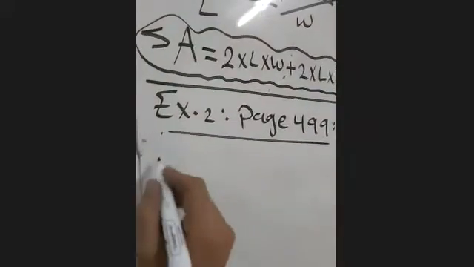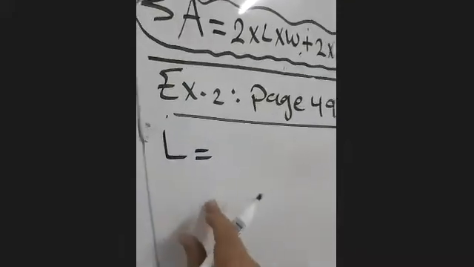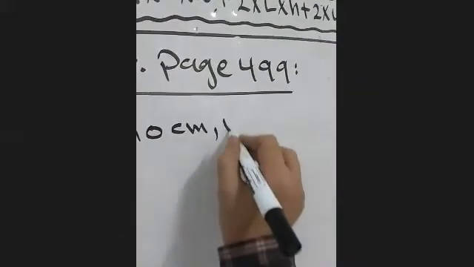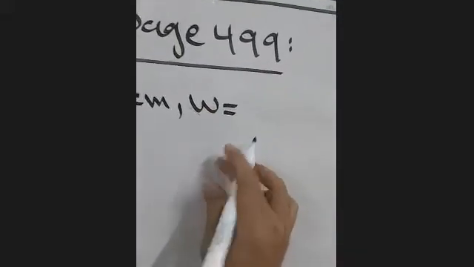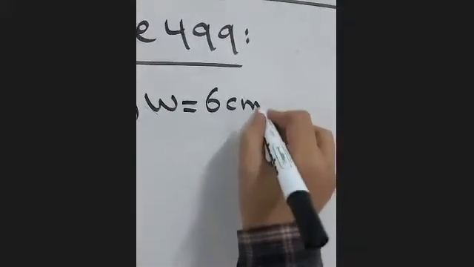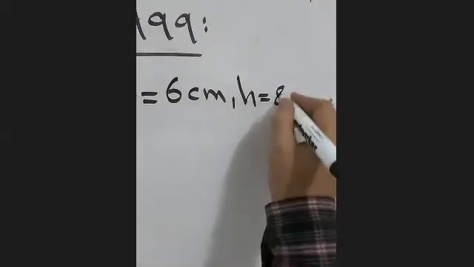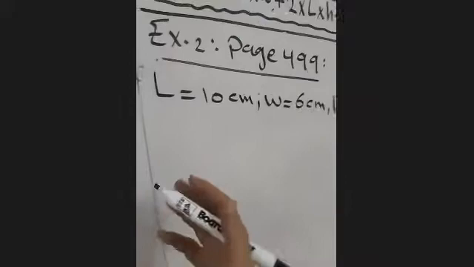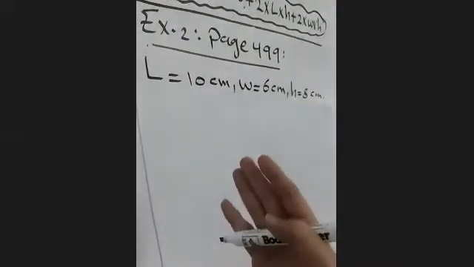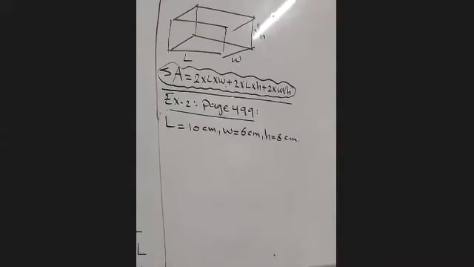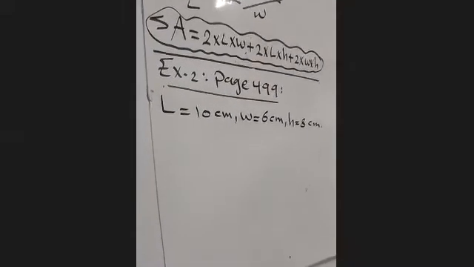So we have the length, again, how much? 10 centimeter. And the width how much? 6 centimeter. And the height how much? 8 centimeter. Good. Now we need to find the surface area of this rectangular prism to know the amount of paper which we need to cover all the faces, right?